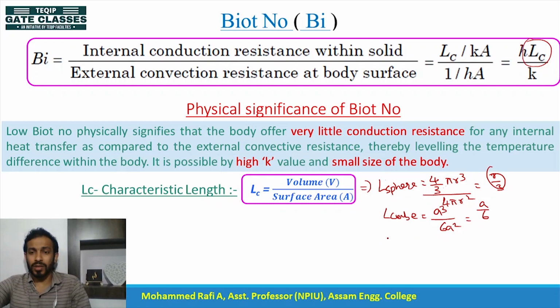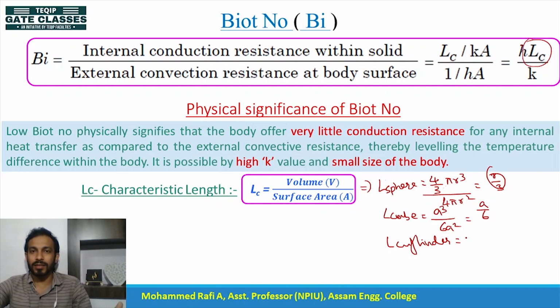What about a cylinder? If I am considering a long cylinder, then while we were discussing the first question in my lectures, some people got confused about why I was omitting the end area.